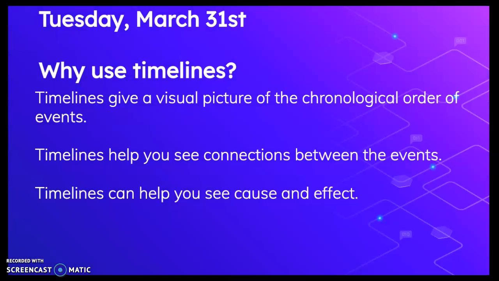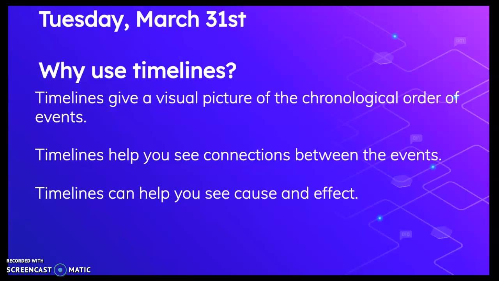So, timelines. Hopefully, you've had some experience with them. I know that some of you have talked about experience in the past, and they're really great for giving us a visual picture of the order of events. And that's really important when we're trying to see cause and effect, the connections between these events.